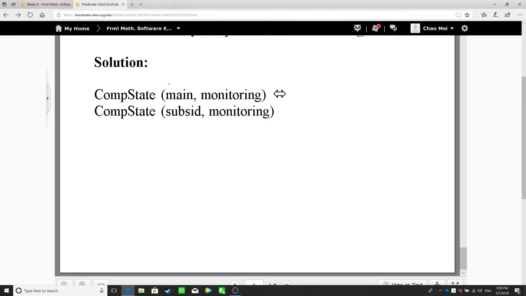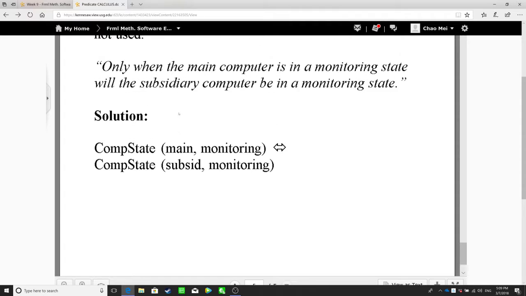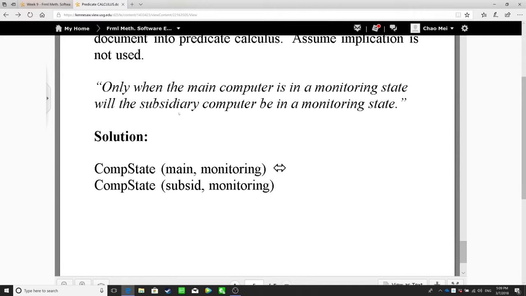But here we translate this from the natural language, which states only when the main computer is in a monitoring state, will the subsidiary computer be in a monitoring state. So this sentence doesn't only provide you with the relationship of equality between those two computers.